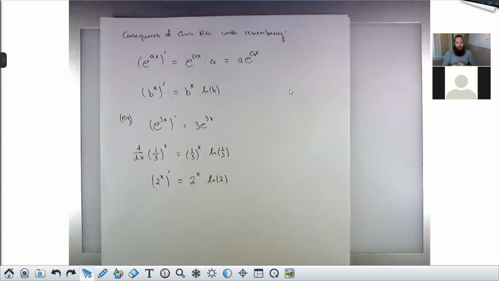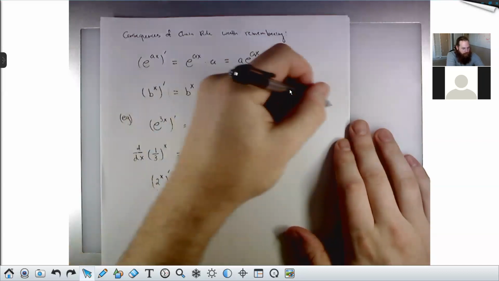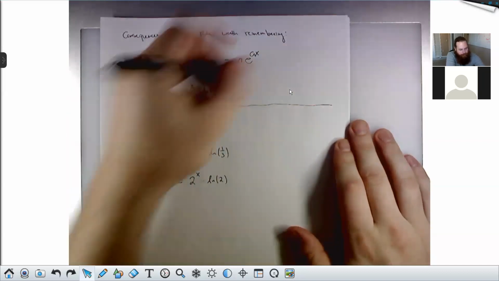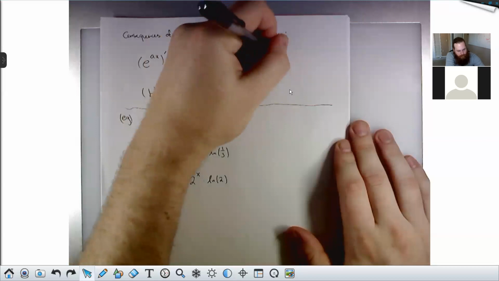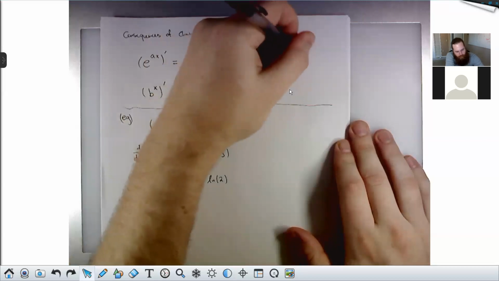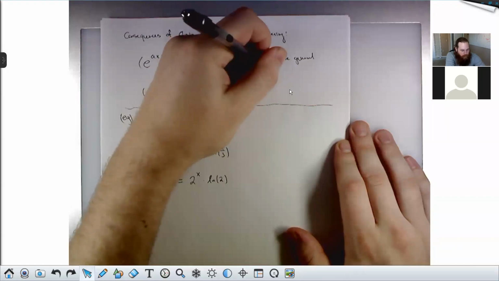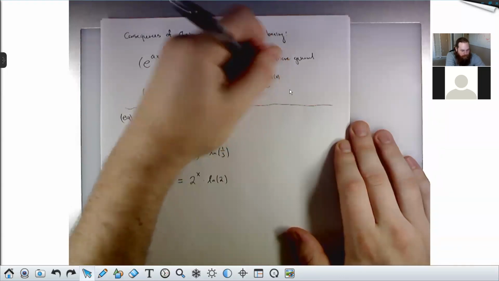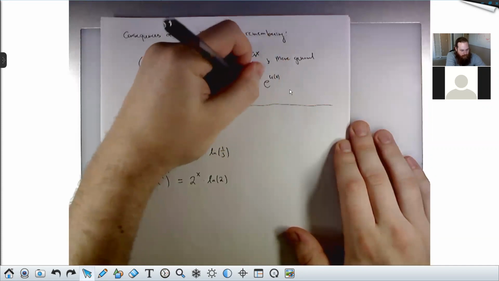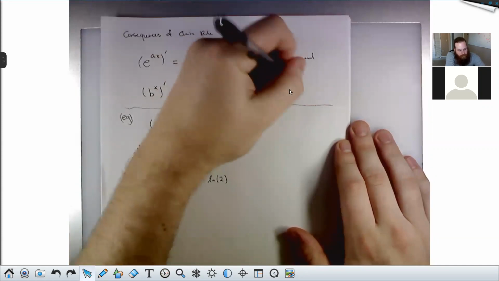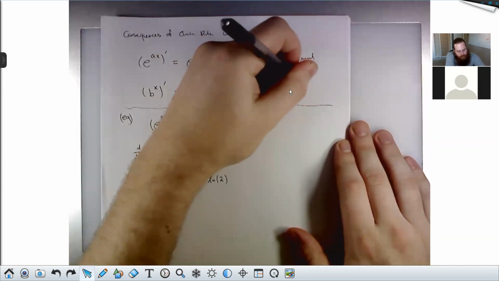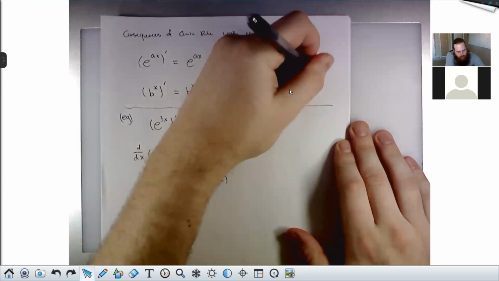So those top two things I use all the time. There's a slightly more general form of the first one. If you want to differentiate e to the u, where u is a function of x, that's going to be u'(x) times e to the u(x).